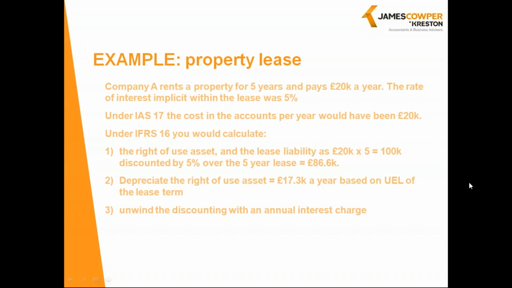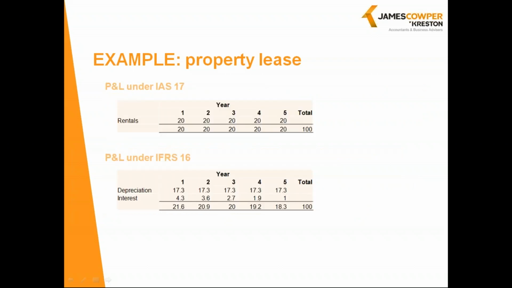So how will that look across the P&L? You can see at the top the existing P&L charge of a straight 20,000 per year. Under IFRS 16, actually we have the same total charge over the 5 years, which is probably what those of you who said no change were thinking about in the poll.